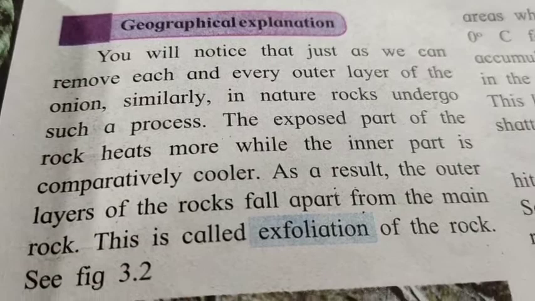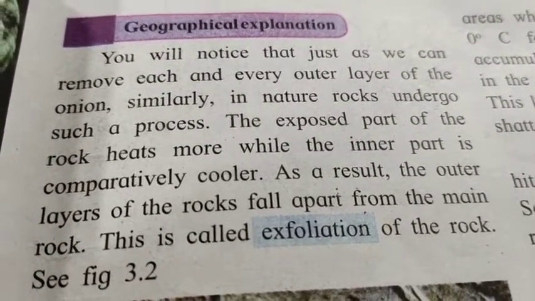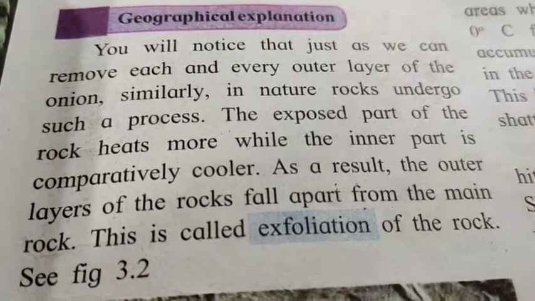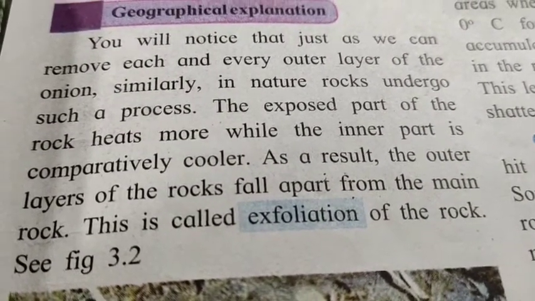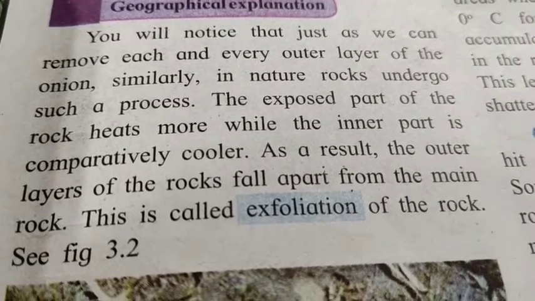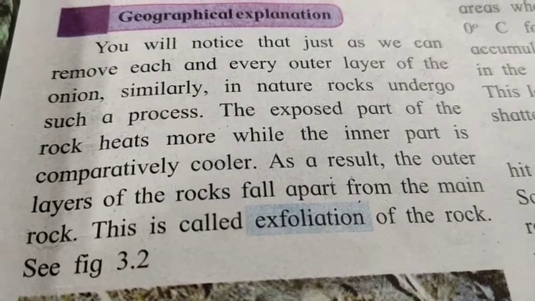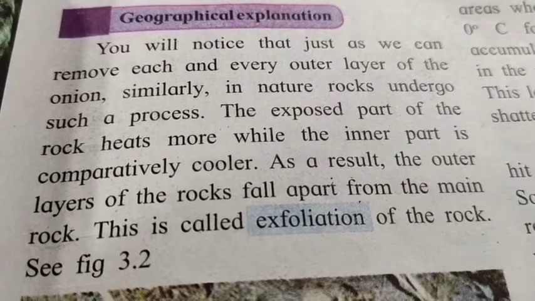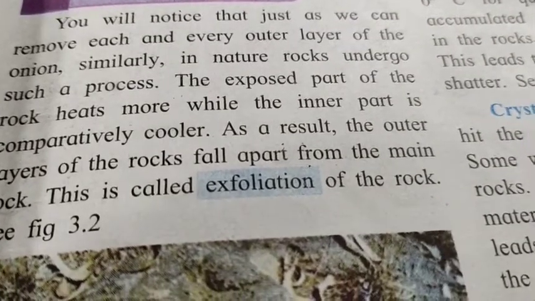The same thing happens with the rock over here. Only the outer layer of the rock gets exposed to the sun, and because of that it becomes very, very hot. So what happens, we will understand in the next paragraph.